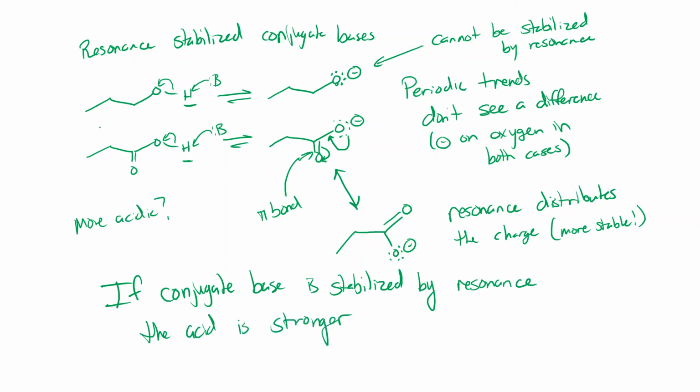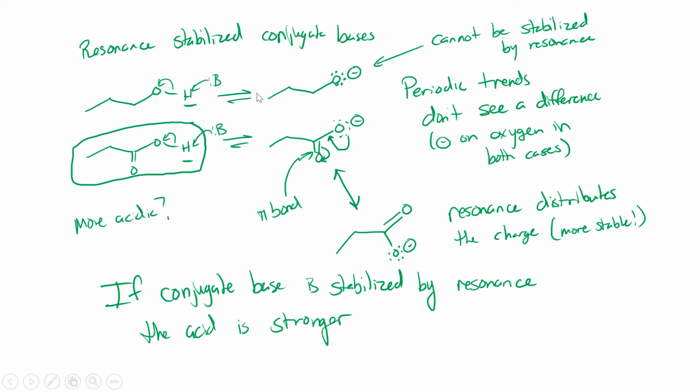So the question, which of these two is more acidic? The answer is this one here. And the reasoning behind that is that the conjugate base has resonance stabilization. Because it has a resonance stabilized conjugate base, it is the more acidic molecule.